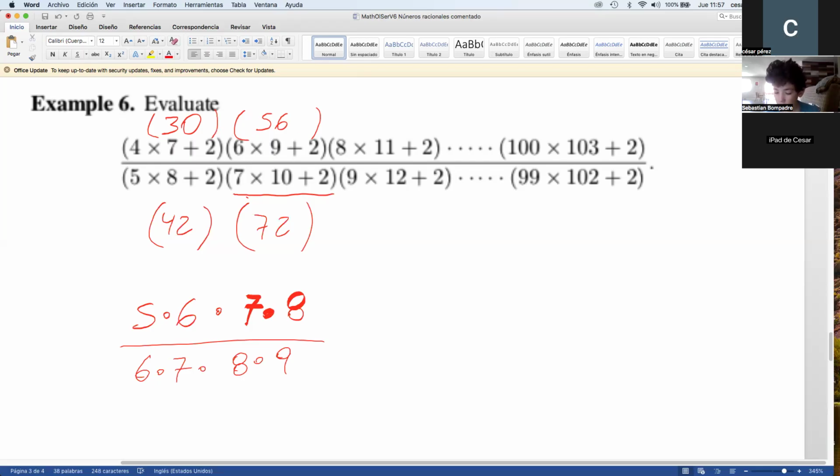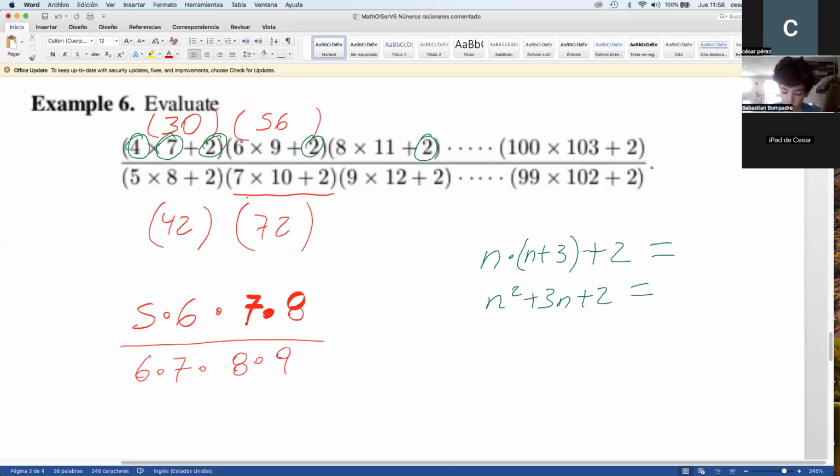Okay, if this is n, this will be n plus 3. n times n plus 3, and every time we add 2. So we will have this, okay? If we multiply this, we will have n squared plus 3n plus 2.